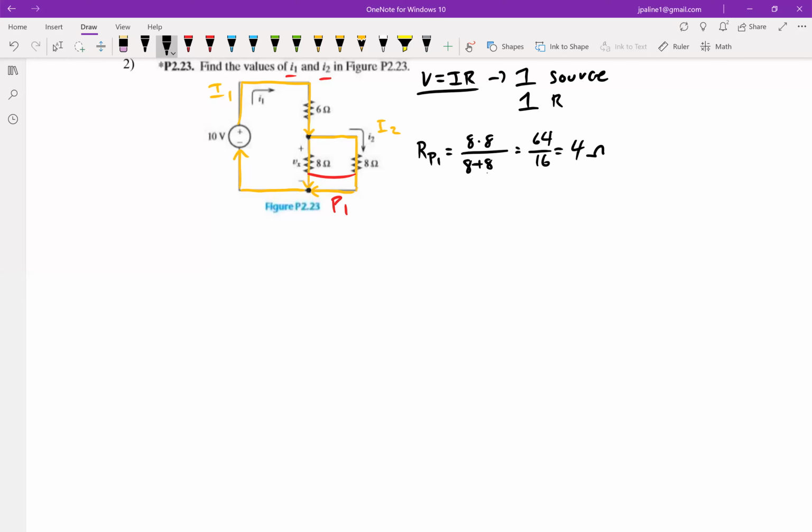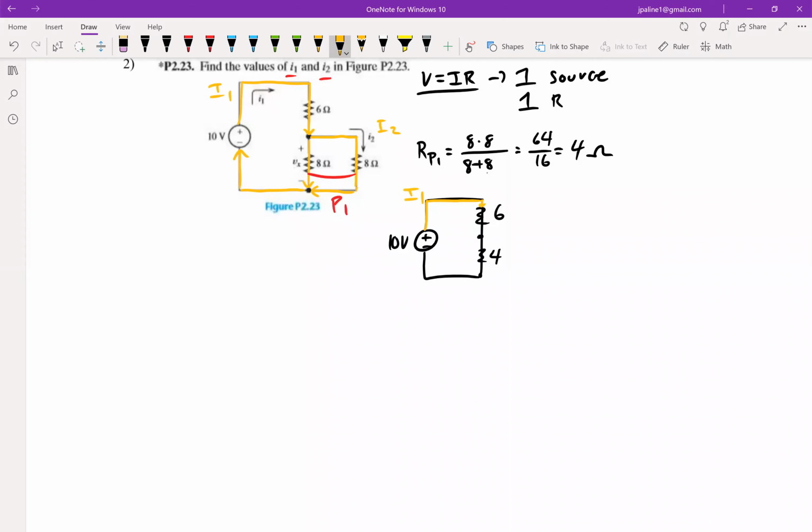So 4 ohms. And if we were to redraw that, six, and then 4, 10 volts.